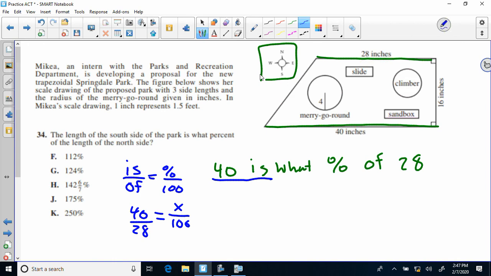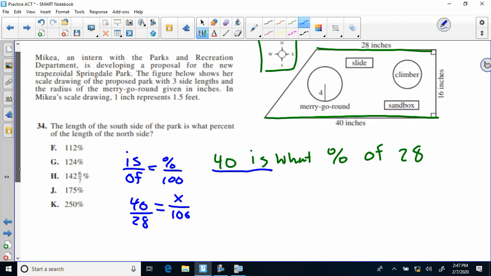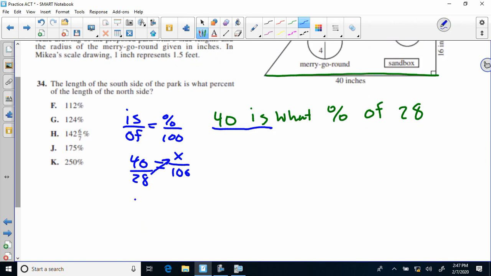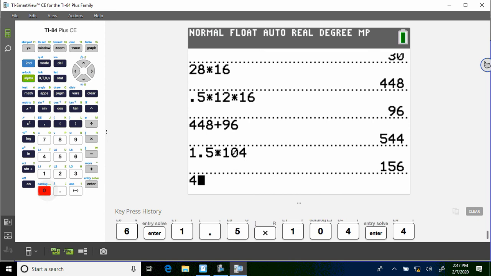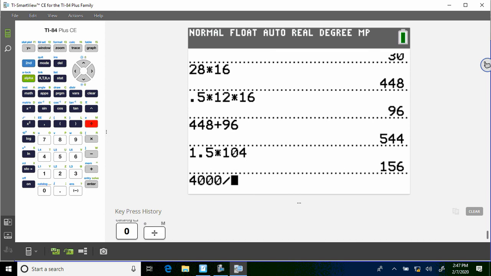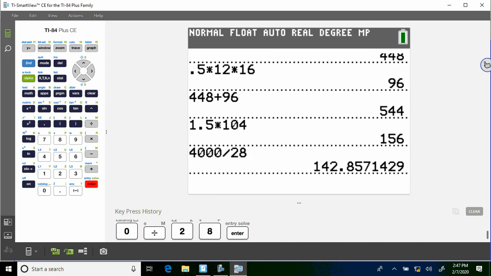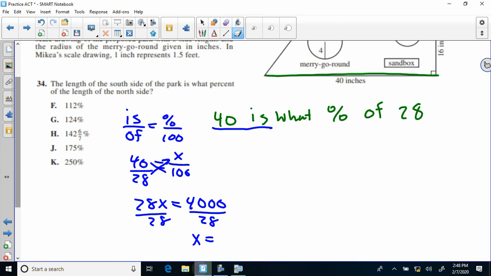Then I can cross multiply and solve that out. And so I would get 28 times x, just 28x, and 40 times 100 is 4,000. And then divide by 28, and that will give me x equals 4,000 divided by 28, and that gives me 142.85.